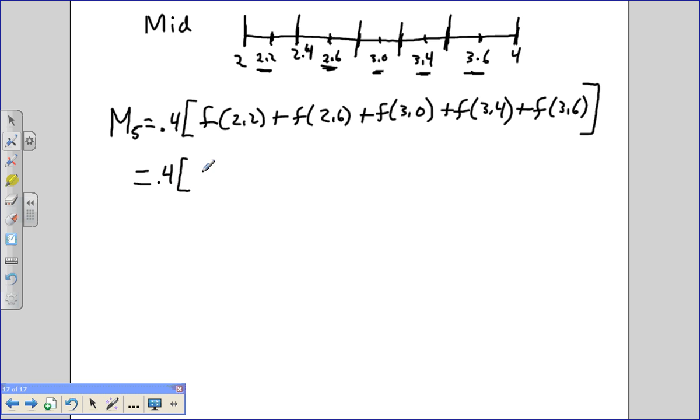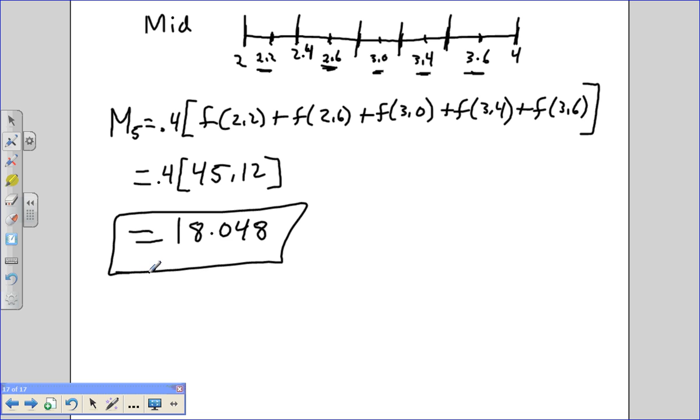And so let me add all those up. That's 45.12. Multiplied by the 0.4, you get 18.048, which is roughly exactly halfway between the other two estimates.